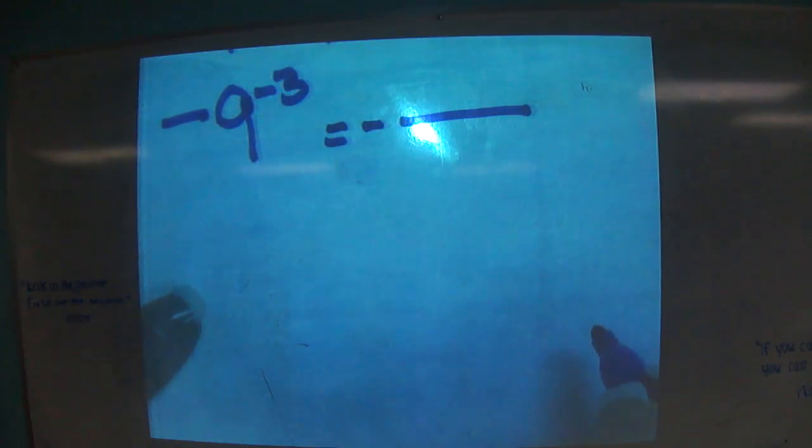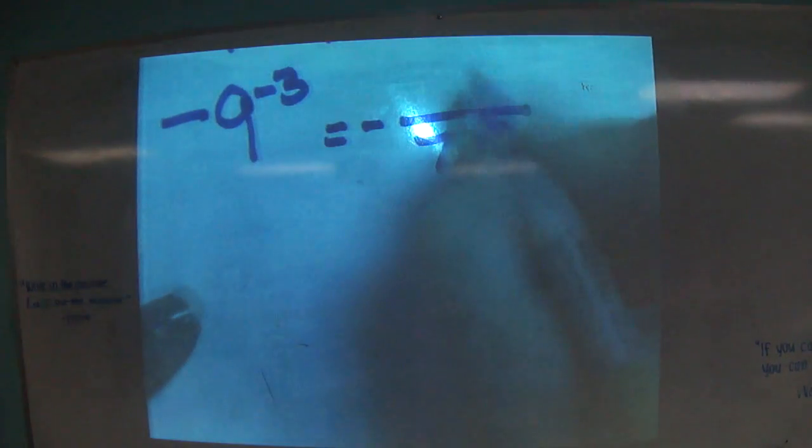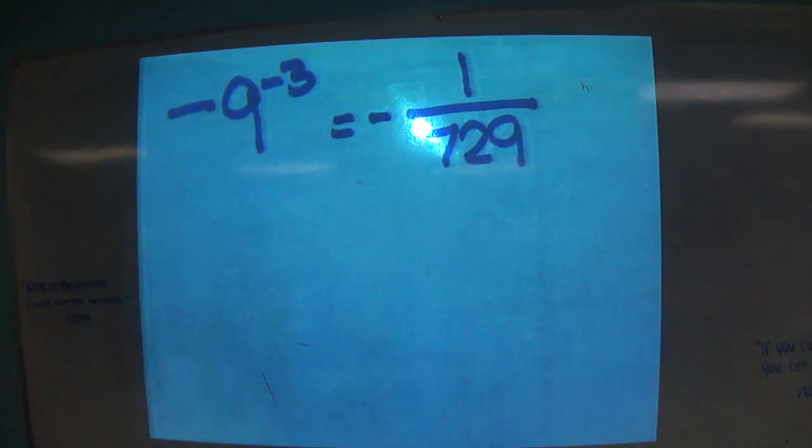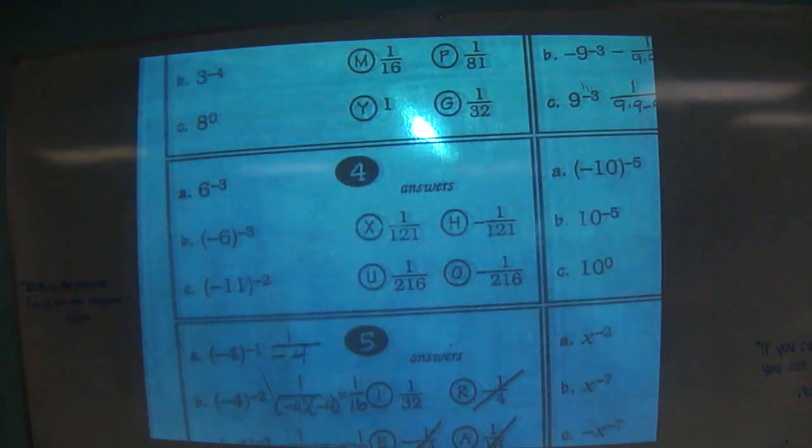Numerator or denominator? Denominator, and if you don't have a numerator, it gets 1. So negative 1 over 729. Pretty straightforward? You good? All right.